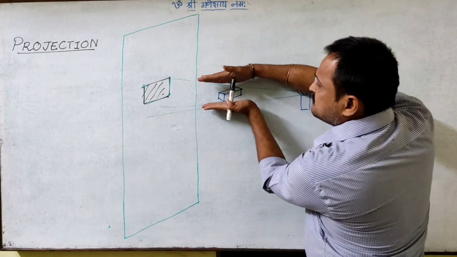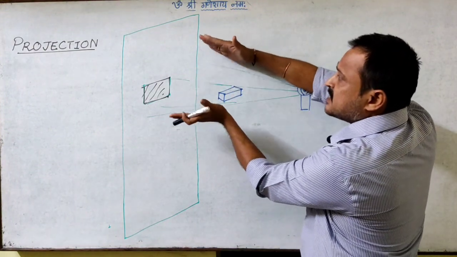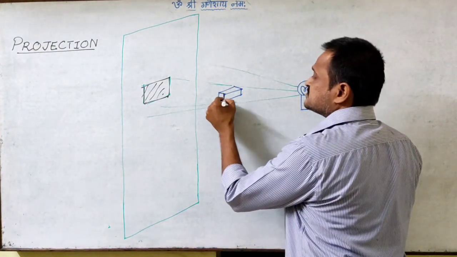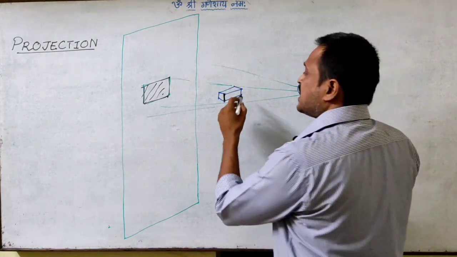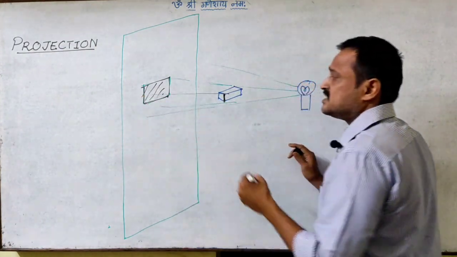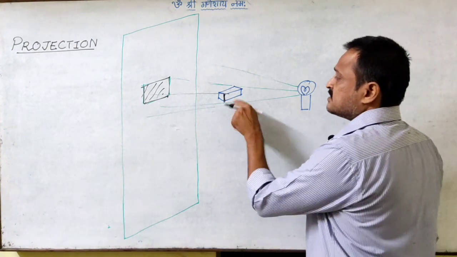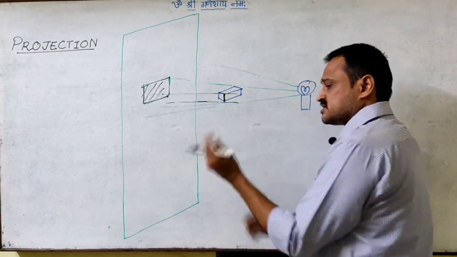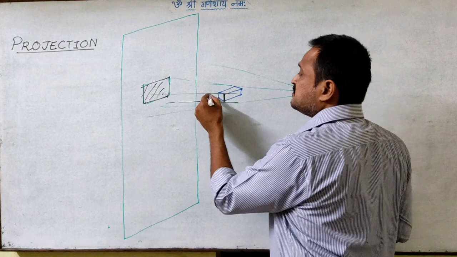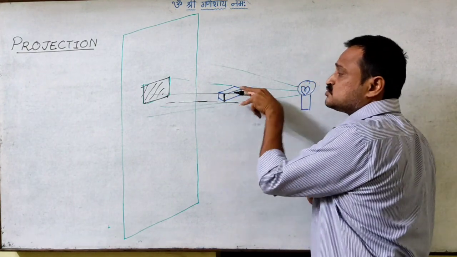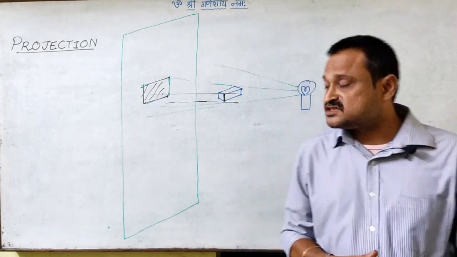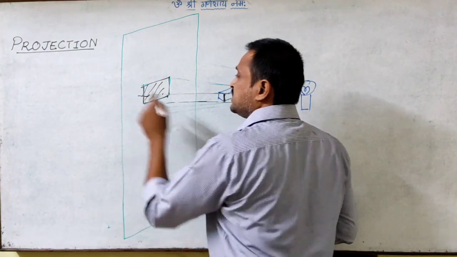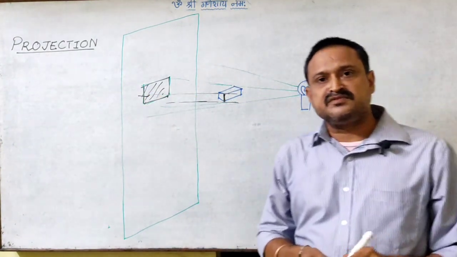So whatever light rays are scattered, I'll have to bring them closer, such that if this is some length, say L, I should get the length in the image also as L. The light rays passing from this corner and from this corner must come together such that they become parallel to each other, as well as perpendicular to the surface or screen on which we are getting the image.